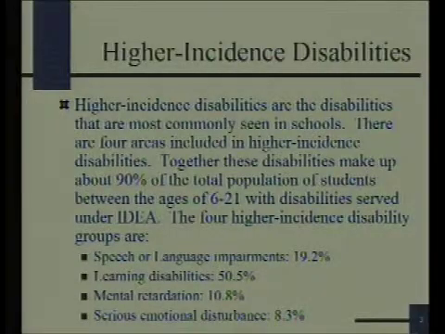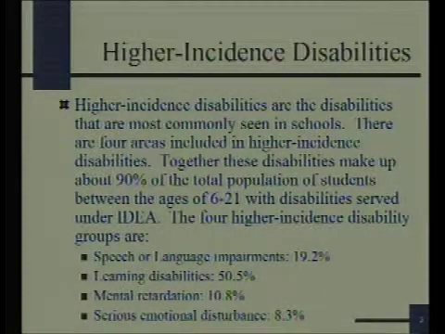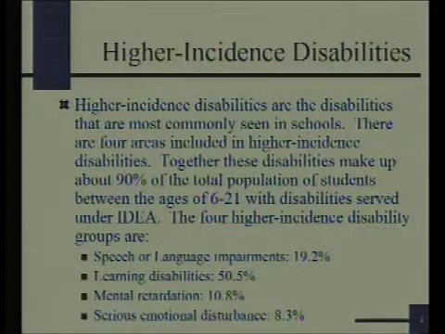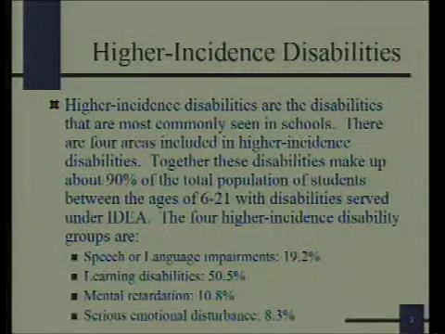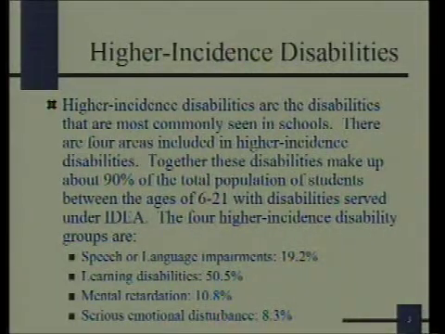When we talk about higher incidence disabilities, they are the ones that are the most likely to be seen in your regular ed classroom. They include the categories of speech and language impairments, learning disabilities, emotional disturbance, and mental retardation, mild to moderate mental retardation.